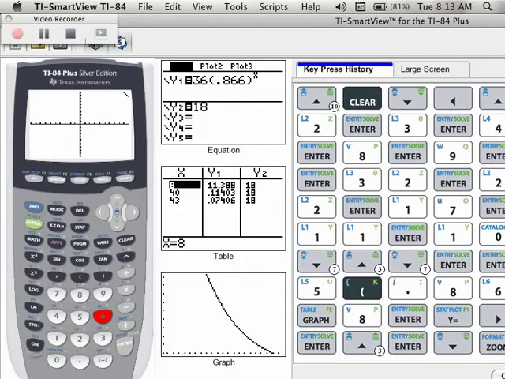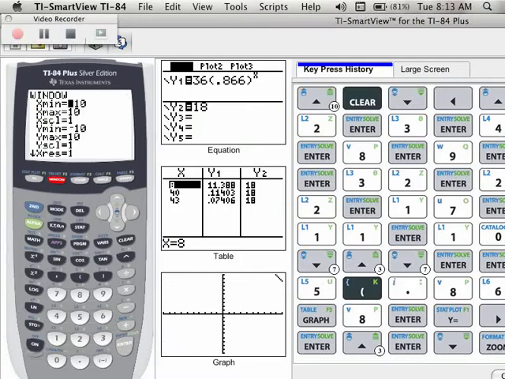I can see I'm past 10 for the x, so I'm going to adjust my window. So I go into my window to adjust for the stuff that makes sense. It doesn't really make sense to go with negative numbers, because obviously I didn't see anything off to the negative. So I'm going to start with 0. And I know it's more than 10, but I really don't know how many more.